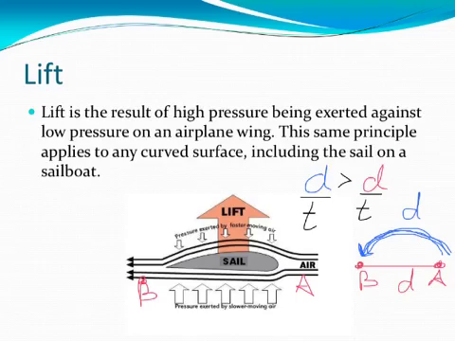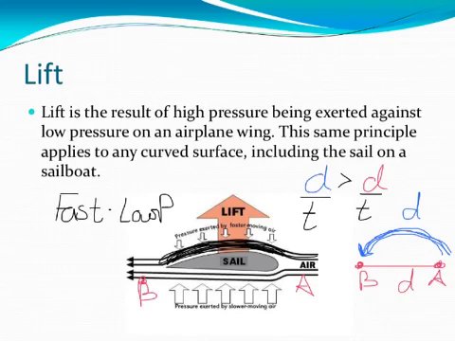Because D over T is a greater distance in the same amount of time, it's going to be a faster speed, which means the air moving across the top of the wing, up here, is going faster. And if it's going faster, it has lower pressure. So fast, again, means low pressure.